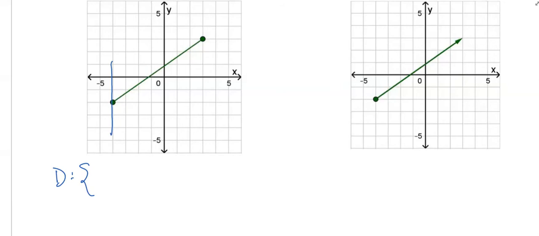What does it stop at going that way? Negative 4. And Ellie, what does it stop at going the other way? 3. At 3. And look at how that line crosses every x in between those two values. So this is x is an element of the real numbers such that negative 4 is less than or equal to x less than or equal to positive 3.